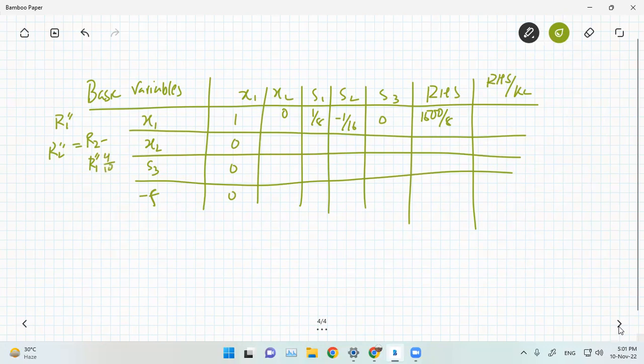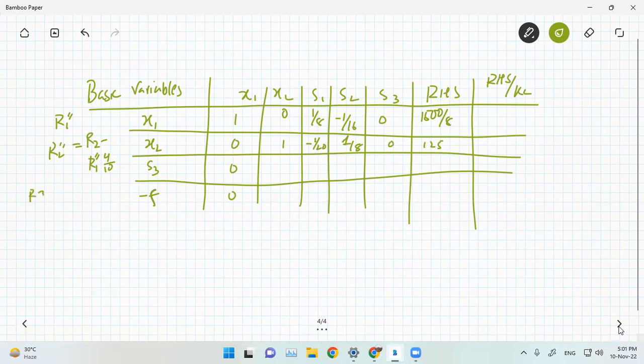If you do that, this will definitely be 0, and the rest of the values will be 1, minus 1 by 20, 1 by 8, then 0 and 125.